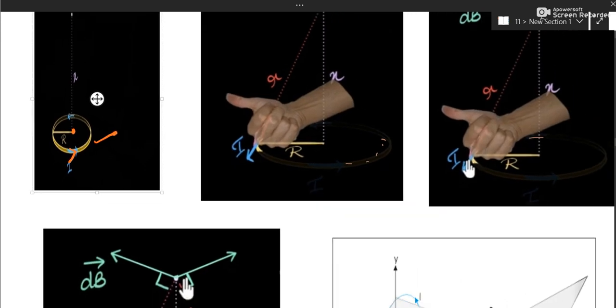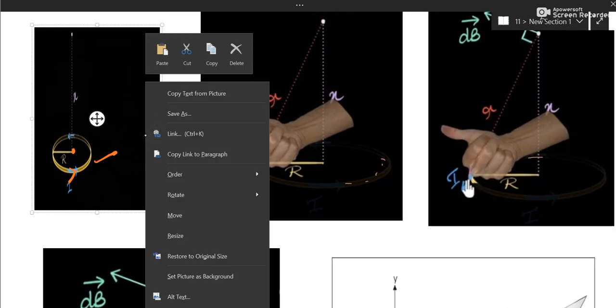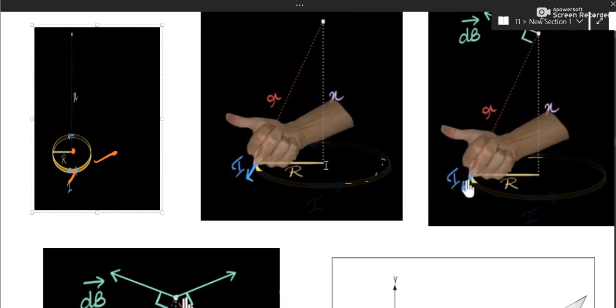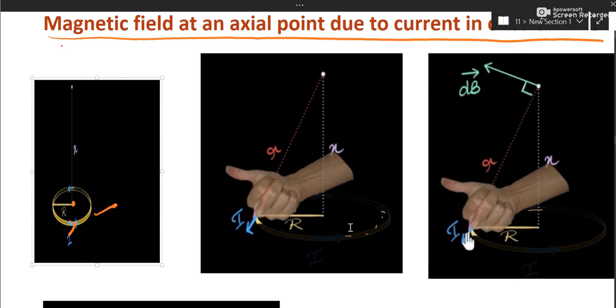Okay, coming to this, you can see that here we have considered a current element. The loop is not visible, it is faded so that you can see the current element. Okay, and the point is here.